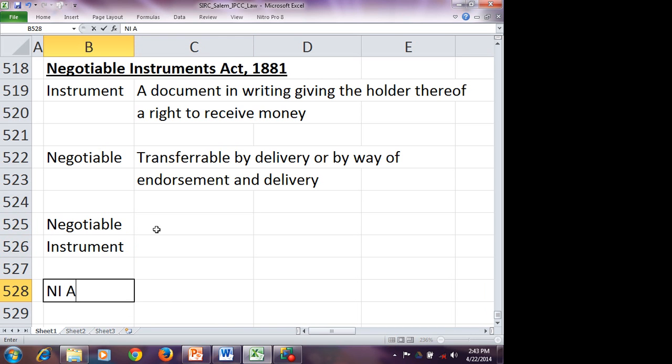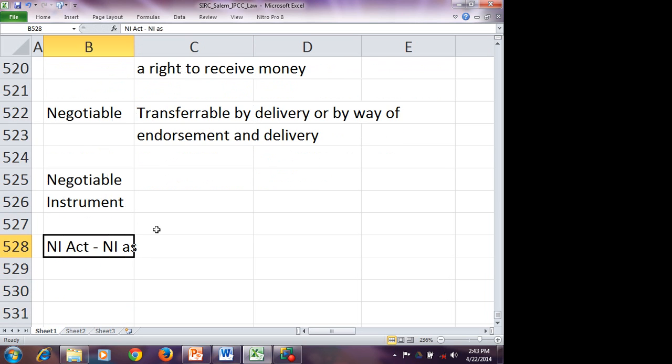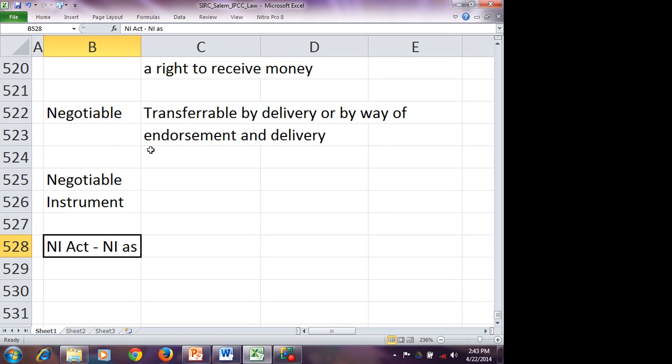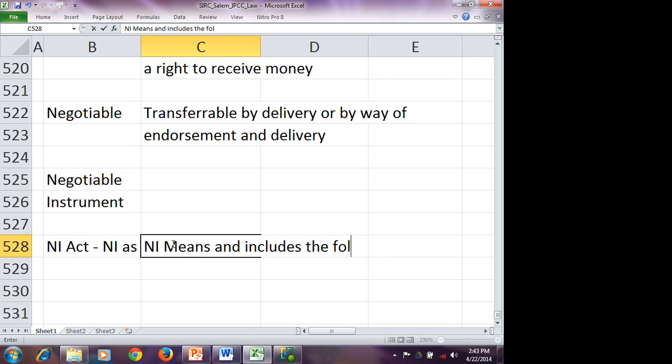But the Negotiable Instruments Act defines the term NI as follows. It gives an inclusive definition. NI means and includes the following. What are basically considered as negotiable instruments?